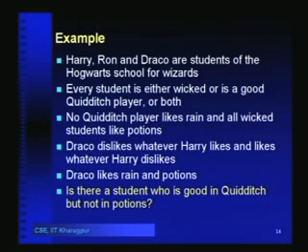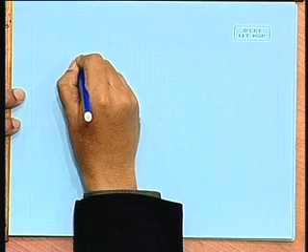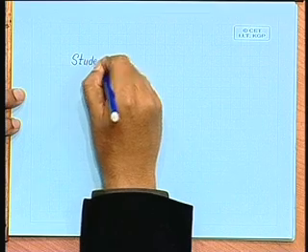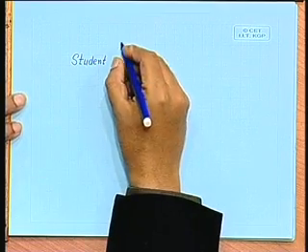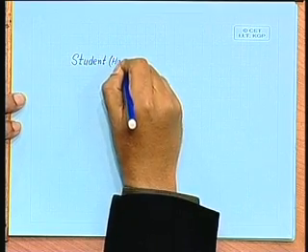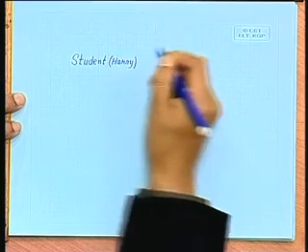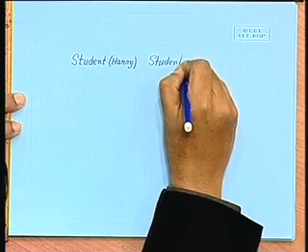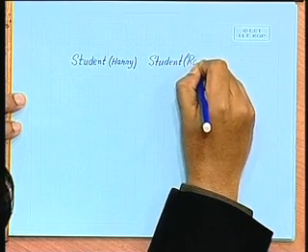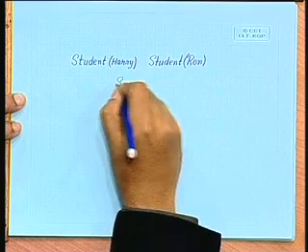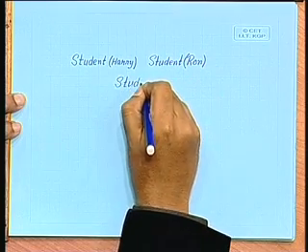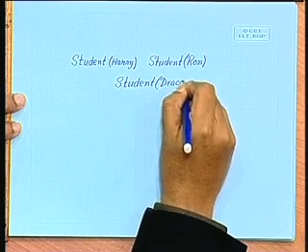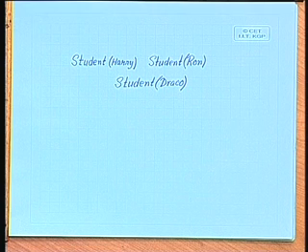So the first three clauses that we will have are student Harry, then we will have student Ron, and student Draco. So these are our first three clauses.